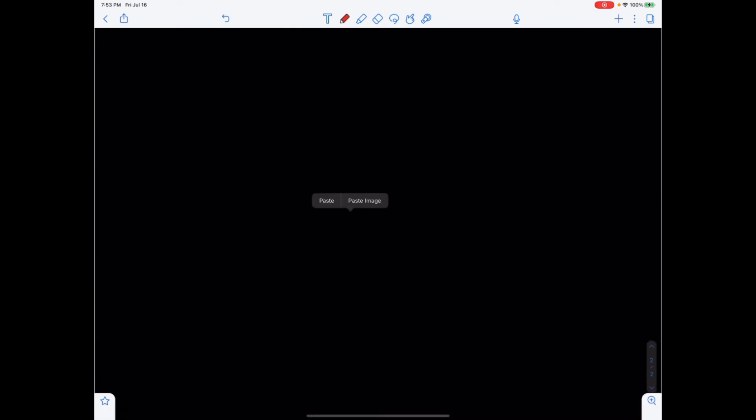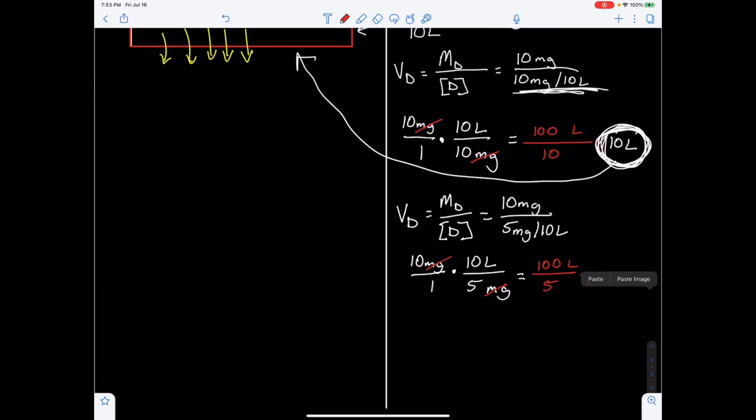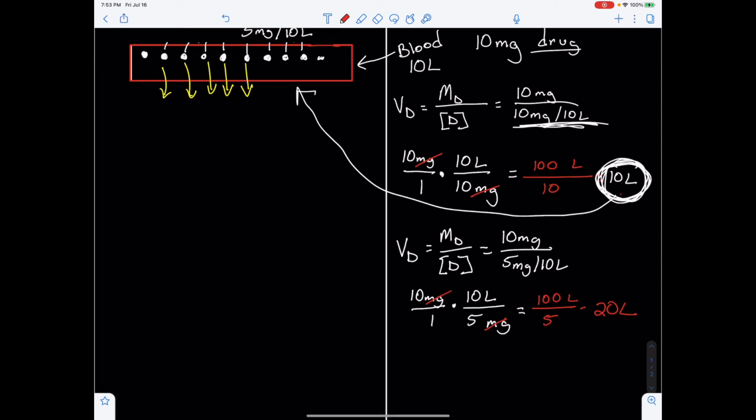And we're left with now 20 liters for our apparent volume of distribution. Okay, so it's higher than the amount of blood that we actually have, right?